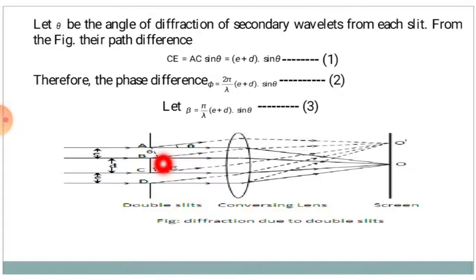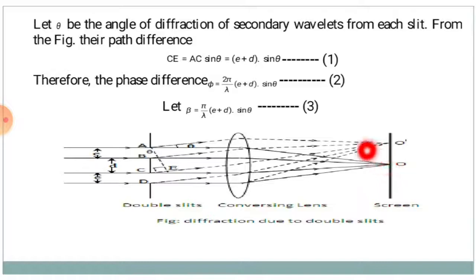Next, now we have to calculate whether the point O dash is bright or dark. So to find the intensity at O dash, we will find out the resultant intensity at any point on the screen in a double slit experiment.